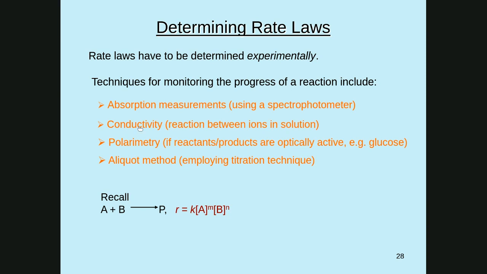Another very useful technique, in the case of relatively slow reactions, is conductivity. That is because many reactions of interest, inorganic reactions, take place in solution, typically aqueous solution, where the compounds tend to split up into ions. If you apply a voltage or an electric field to the solution, the ions will act as charge carriers, producing a current in response to the applied voltage.